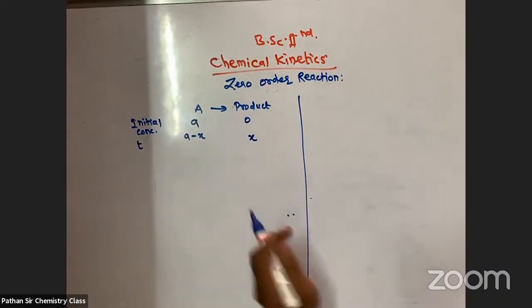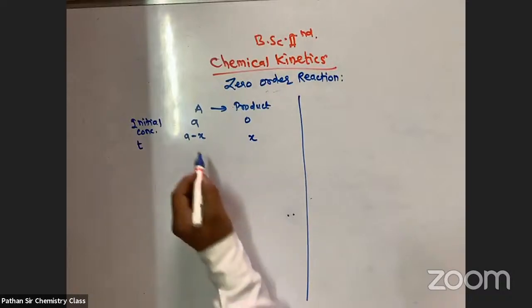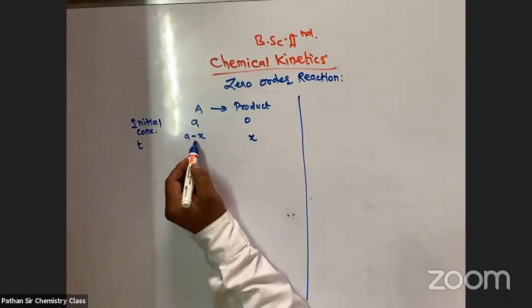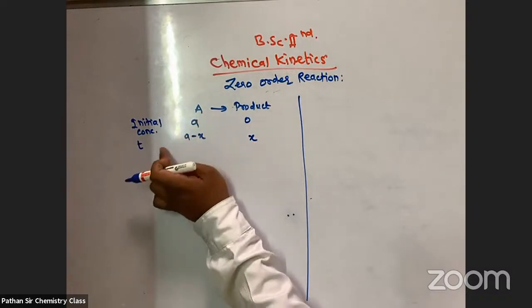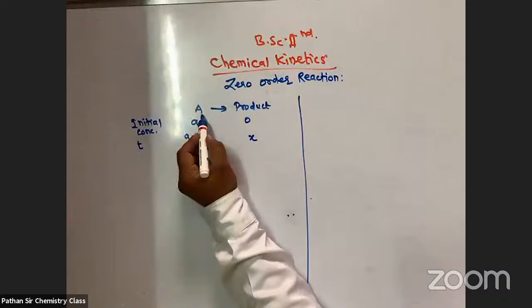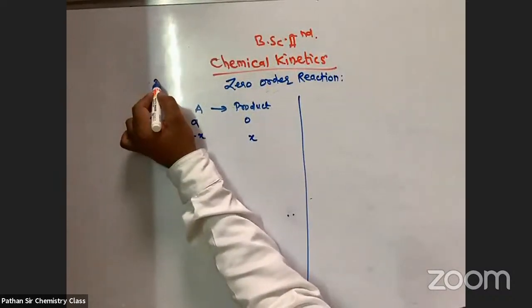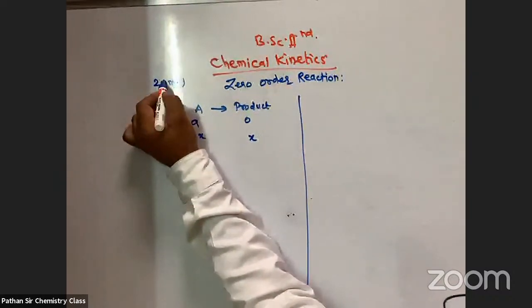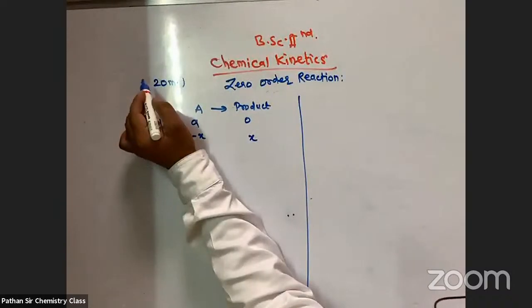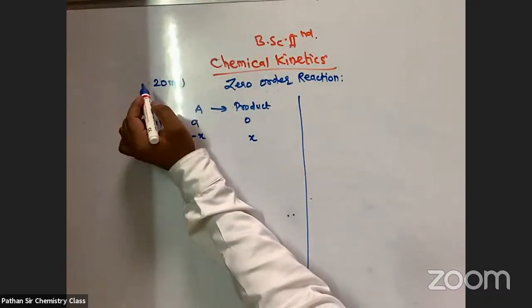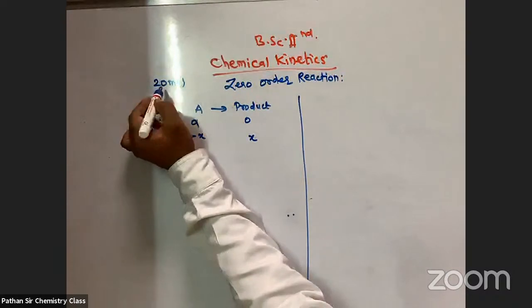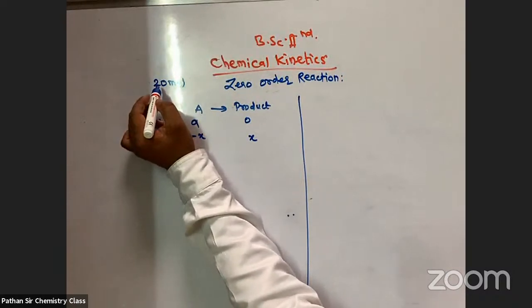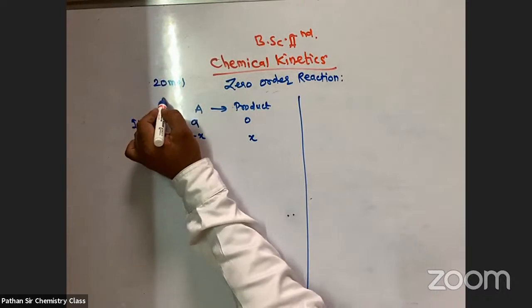In chemical kinetics, this a minus x is a single term. This is the remaining concentration of reactant A after some time t. That means initially you may have taken 10 moles or 20 moles of A. Say you have taken 20 moles, after some time A reacts to form product, then the remaining amount of reactant A is 8 moles.